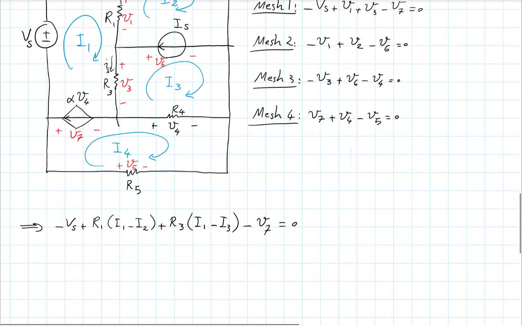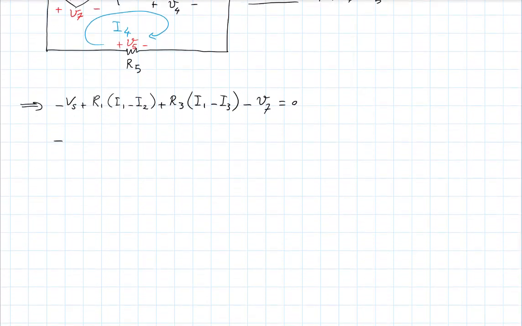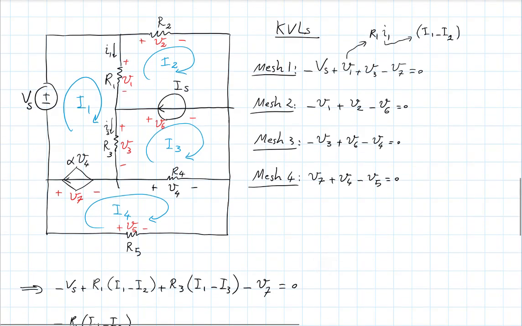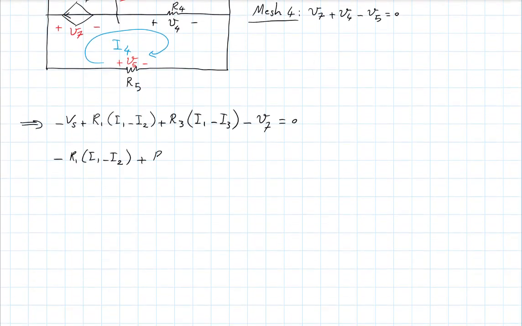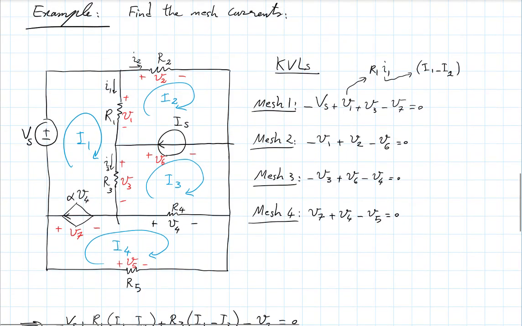Then the second one, minus V1, so minus R1 times I1 minus I2, plus V2. Now, what is V2? It's R2 times this current, I2. But what is the current I2 in terms of mesh currents?